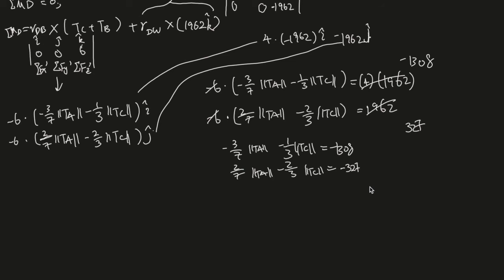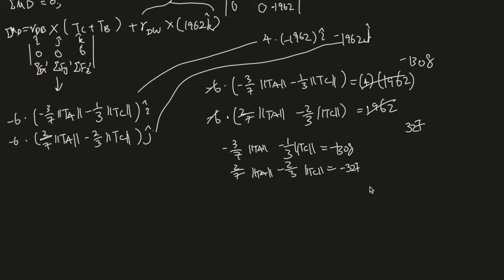Click enter, and then just type the coefficient in front of the numbers. So negative 3 divided by 7 for the first one, the 1, comma 1, and the second one should be negative 1 over 3. That should be for 1 column 2, and then this is 1 column 3.